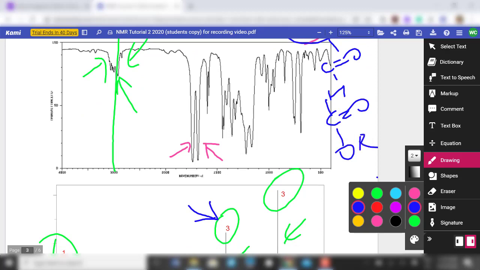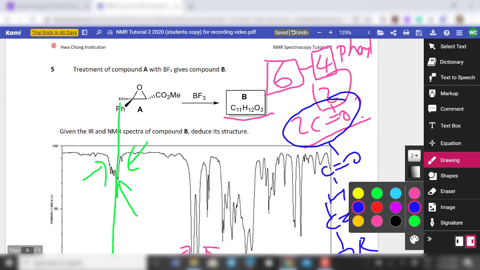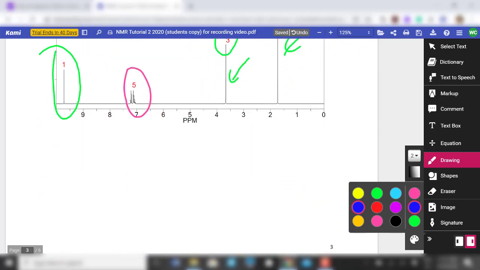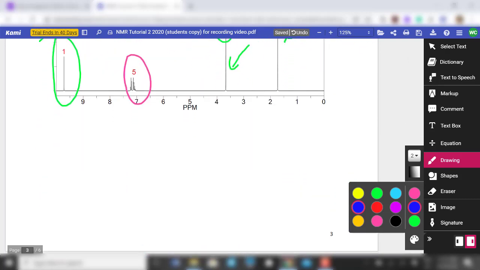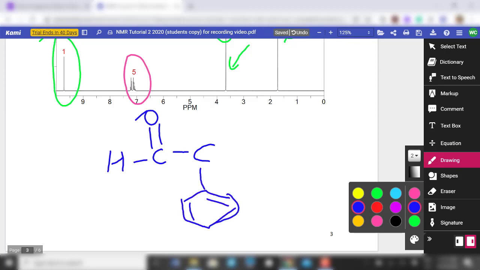With this coming into the picture, and perhaps looking at the structure of A, it seems that the phenyl ring remains probably untouched, and then there is likely to be a quaternary carbon. Let's just try to piece out all the information. So let's have an aldehyde group, and then perhaps bonded to a carbon, and then this carbon is likely to be bonded to a phenyl ring, and then maybe bonded to another CH3.